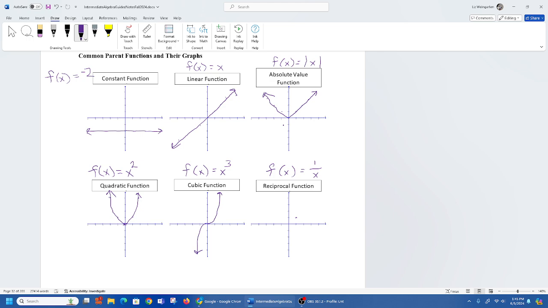So as x gets bigger, y is going to get smaller because it's going to be 1 over a gigantic number. As x gets closer to 0, y is going to get bigger because we're going to have 1 over a very small number. So the reciprocal function on the right side of the graph is going to look something like this. It's just going to get really close to the x and y axis the further away from 1, 1 it gets.